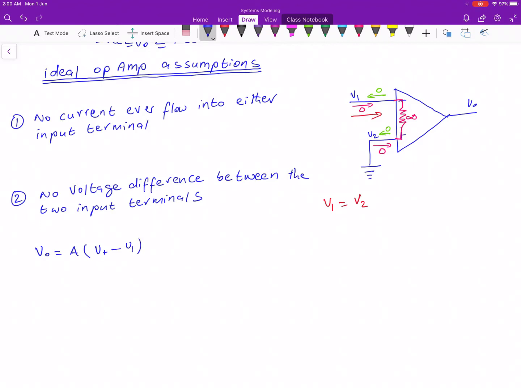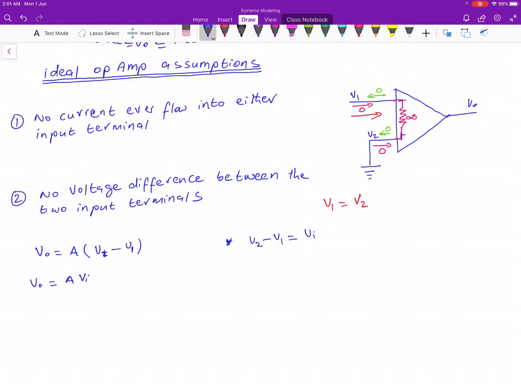Since we said that V1 is equal to V2, let's say the difference between V plus and V minus is VI, where VI is your input voltage.